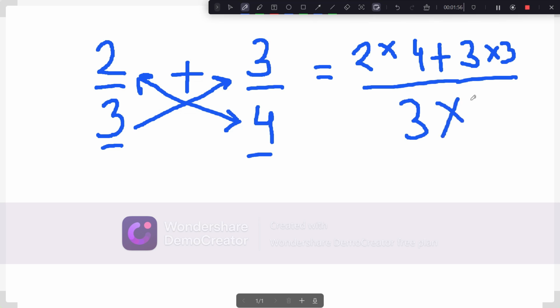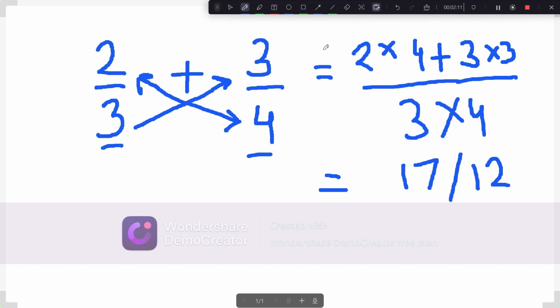So 2 into 4 is 8, 8 plus 9 is 17, giving 17 by 12. This is the way to solve this kind of thing.